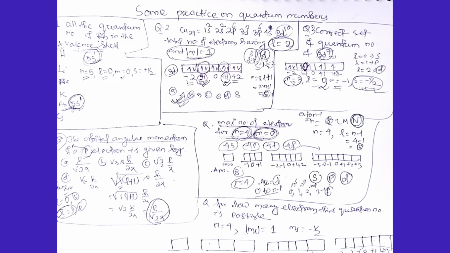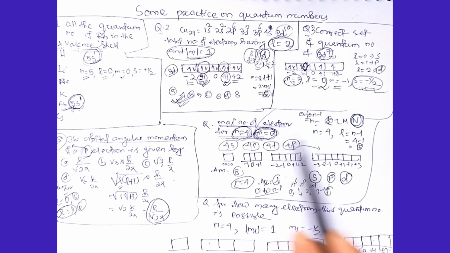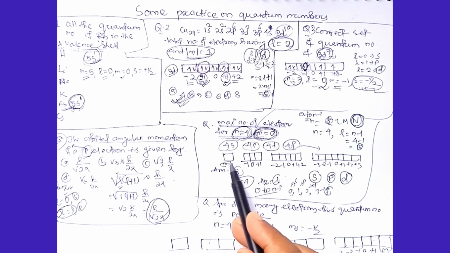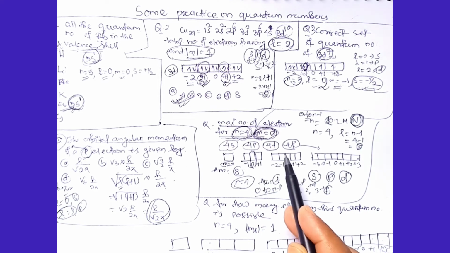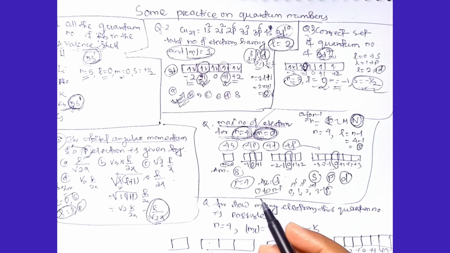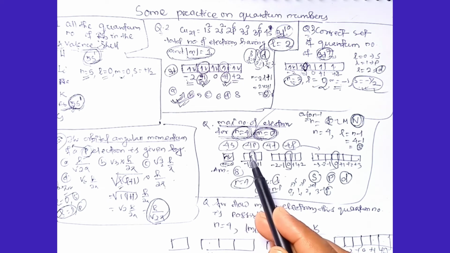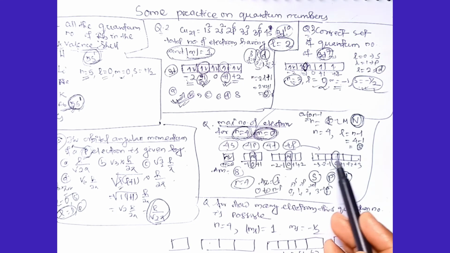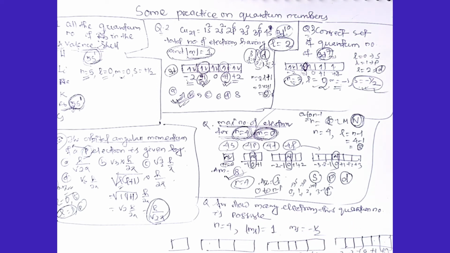We have to count only the electrons whose m value is 0. Here m is 0, here m is 0, here m is 0, and here m is 0. How many electrons can we accommodate here? Here 2, here 2, here 2, and here 2. That means 8. So the answer will be 8.